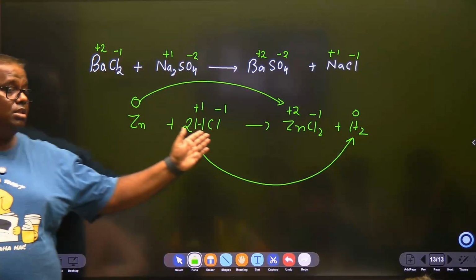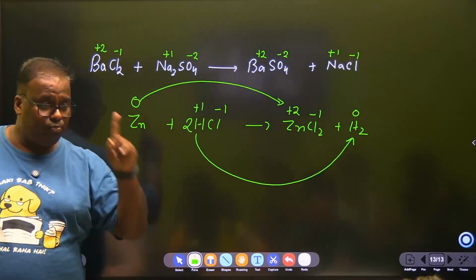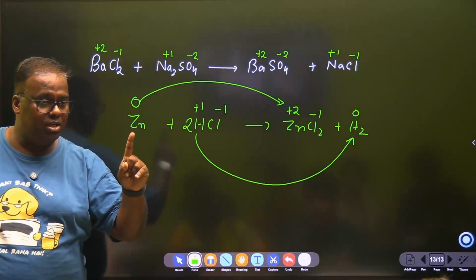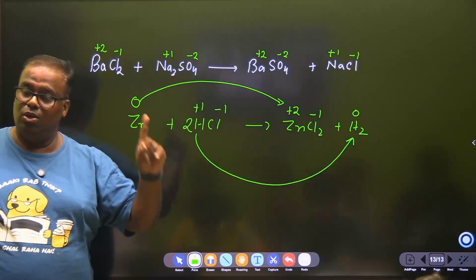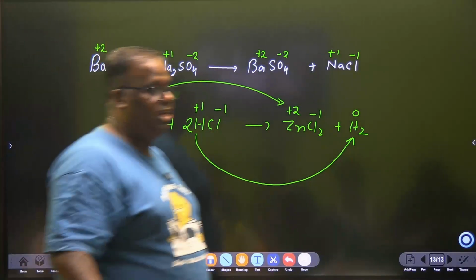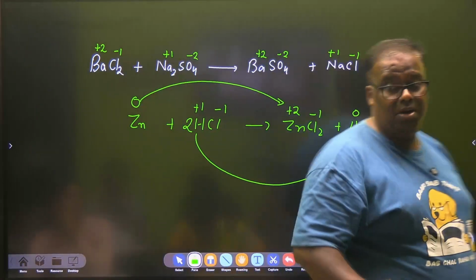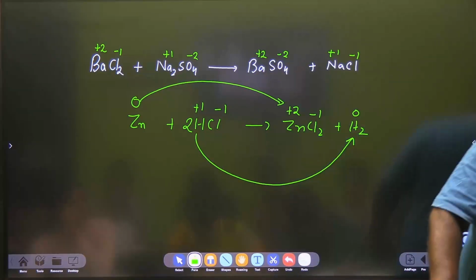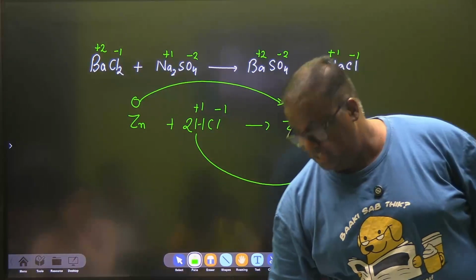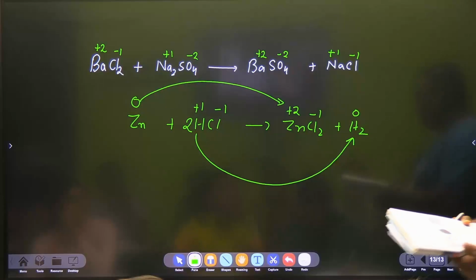Here chloride is the spectator ion. Every single displacement reaction is a redox reaction. The only reactions which are not redox reactions are what? Double displacement reactions.